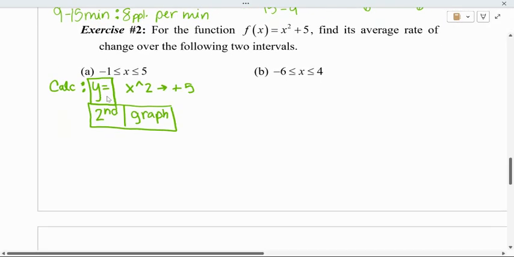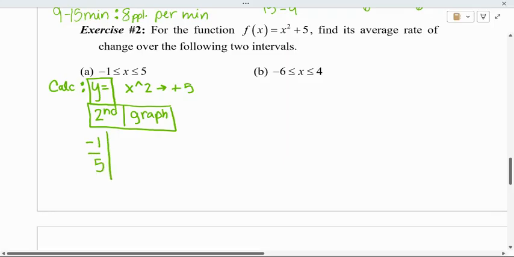So we just need to know what happens when x is -1 and when we let x equal 5. We need to know what our outputs are. I'm coming to check to make sure everybody's got it in there. X caret 2, arrow, just like I've written up over there, arrow plus 5.